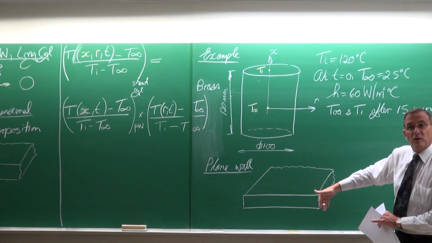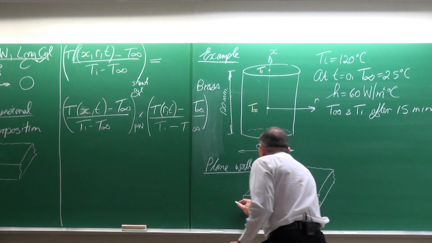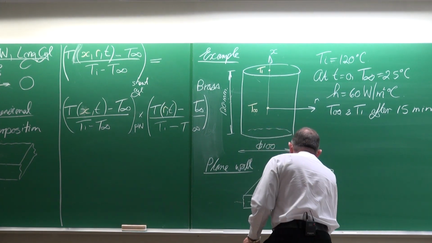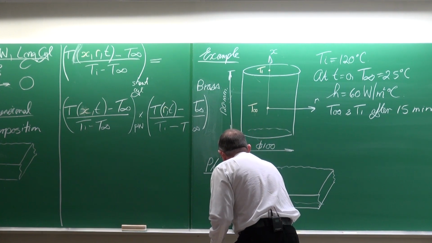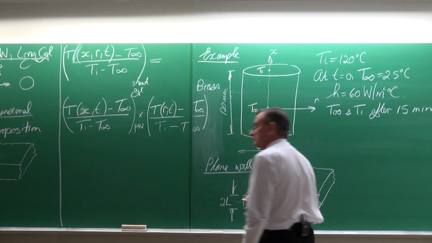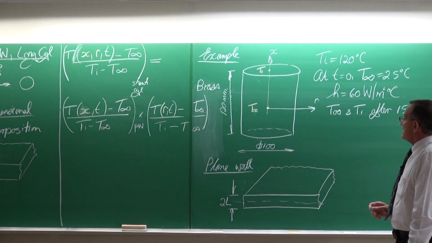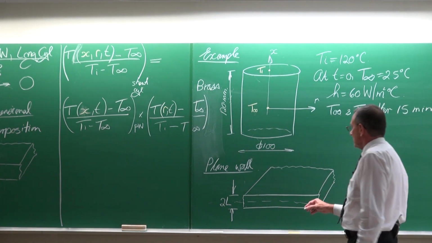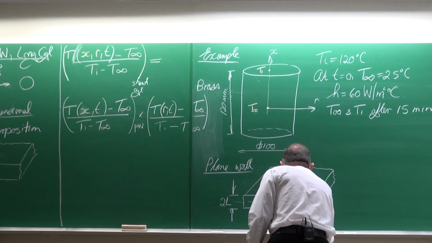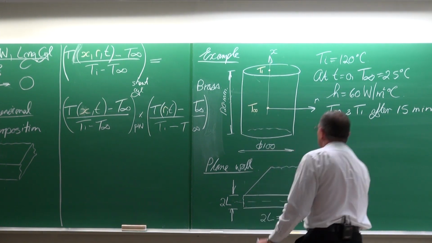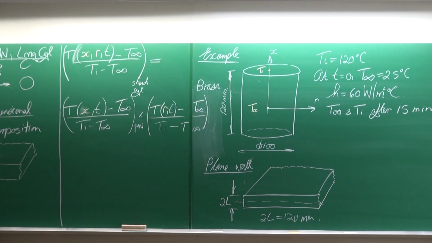Previously when we've looked at the plain wall, that was the center line, and that was equal to 2L. Okay. So in this case, 2L is equal to 120 millimeters, which means that L is equal to 60 millimeters.